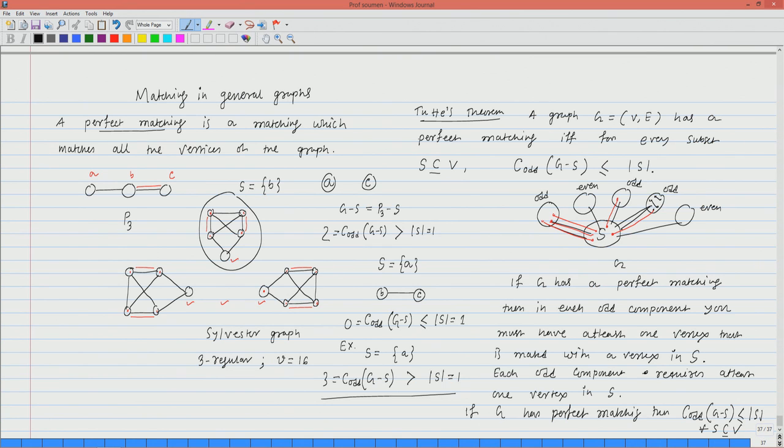So, this is what we sort of explained why the number of odd components in a graph, when you take any subset S of the vertex set, and if you remove those vertices from the graph, then you will be left with some number of components.